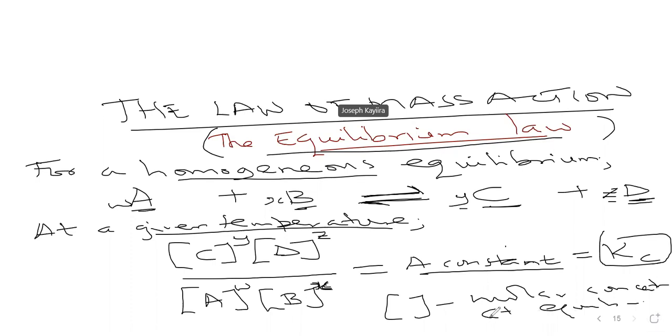If I'm to give it in a statement, I will say the law of mass action states that if a reversible reaction is allowed to reach equilibrium at a particular temperature, the product of the molar concentrations of the products raised to their appropriate powers, divided by the product of the molar concentrations of the reactants raised to their appropriate powers, is a constant.